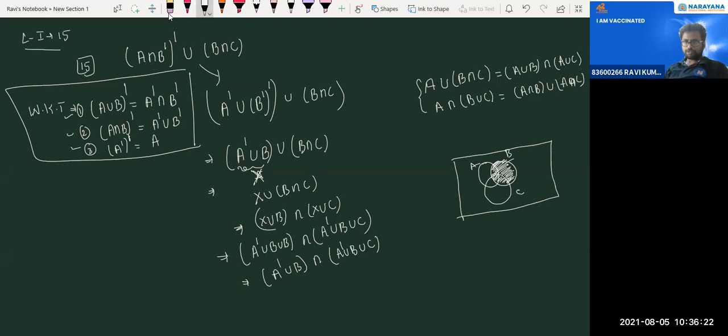A complement union B will be intersection with A complement union C. C means this part also will come. So you have to find the intersection part of this one and this one.